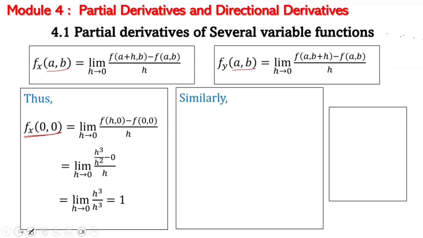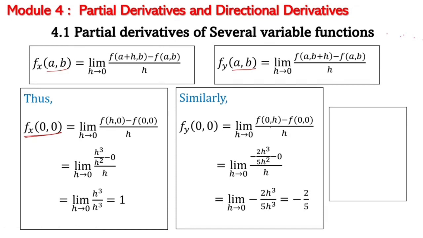Now let's check the partial derivative with respect to y. So again, f_y(0,0) is equal to the limit as h tends to 0 of f(0,h) minus f(0,0) over h. So now in this case, from the given function, we have f(0,h) equal to minus 2h^3 over 5h^2. f(0,0) is 0, and then h.